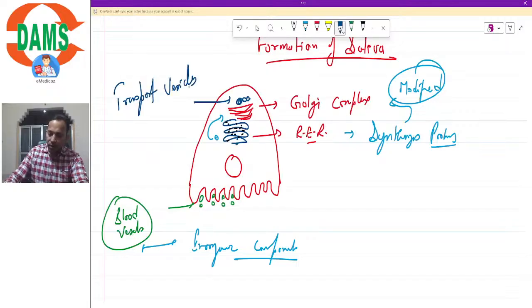After the Golgi complex, these proteins are packed into transport vesicles, and these transport vesicles move and fuse with the plasma membrane at the apex.